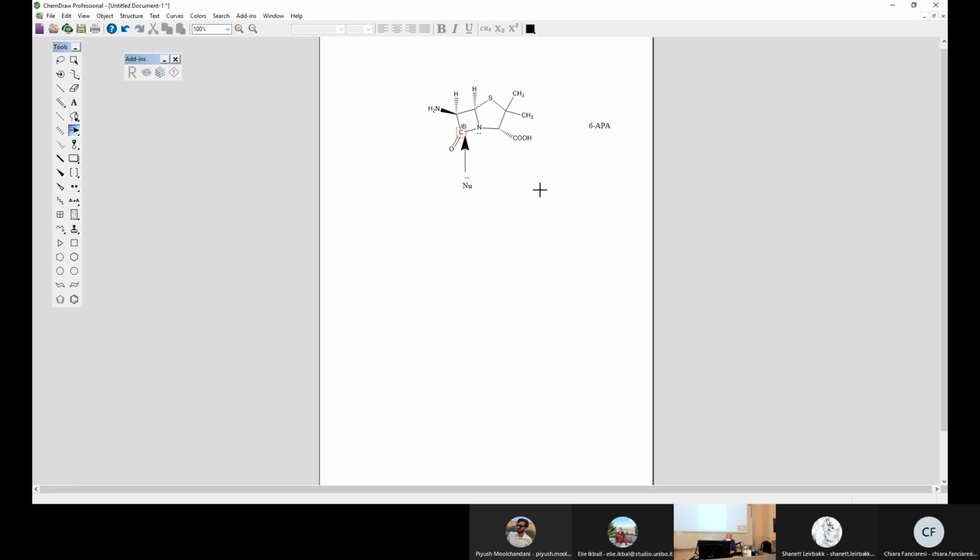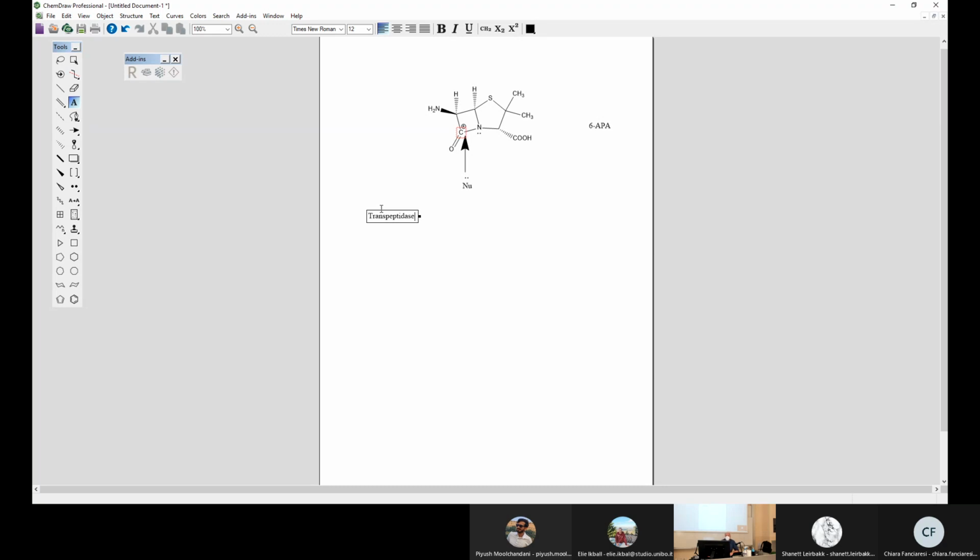There are different nucleophiles in bacteria. The main target of the beta-lactam compounds is an enzyme called transpeptidase, and this enzyme is involved in the formation of the peptidoglycan cell wall, if you remember.